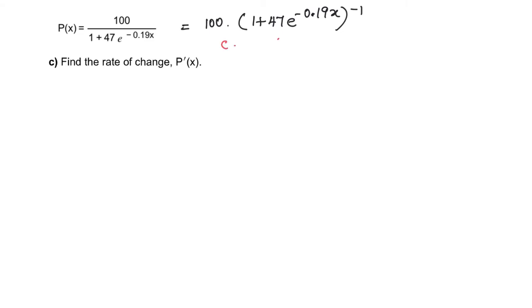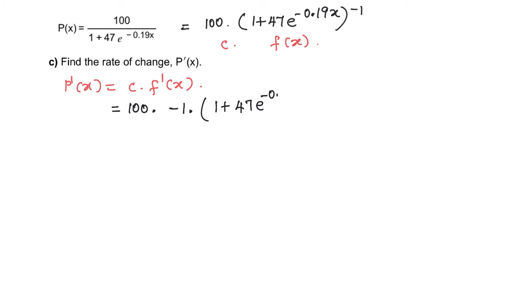This is a constant times a function. So the derivative will be constant times derivative of the function. The constant is 100. For the derivative of this one, I'm going to apply the power rule first.